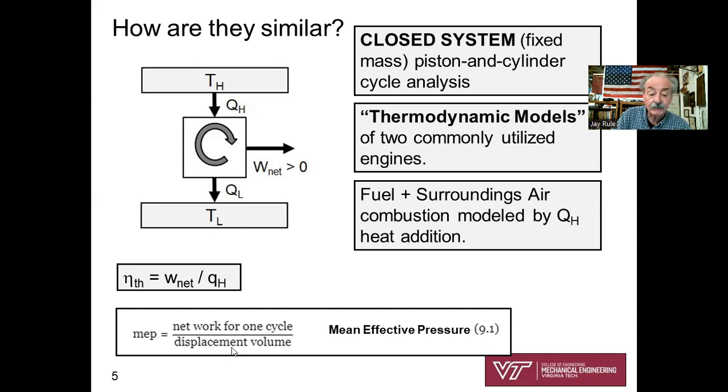That's the maximum volume minus the minimum volume in the piston and cylinder. This is your textbook equation 9.1, and the units of mean effective pressure will be kPa, kilopascals, or pounds per square inch.